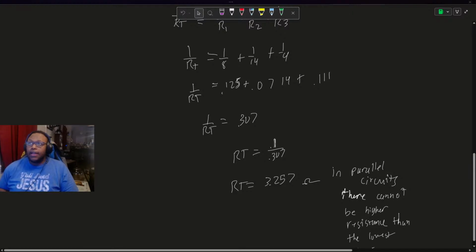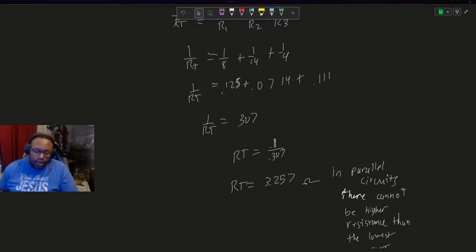That means if I have a 1 mega ohm resistor, which is 1,000,000 ohms, and a 10 ohm resistor, the total resistance in that circuit can't be more than 10 ohms. It sounds ridiculous, but when you do 1 over 1,000,000 and 1 over 10, and then divide out by that, it's still not going to be 1 over 10. So that's how that works. Or it's not going to be greater than 10.